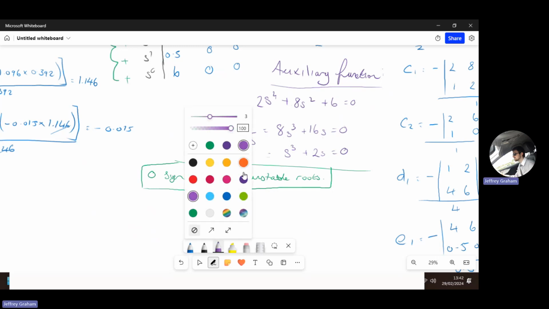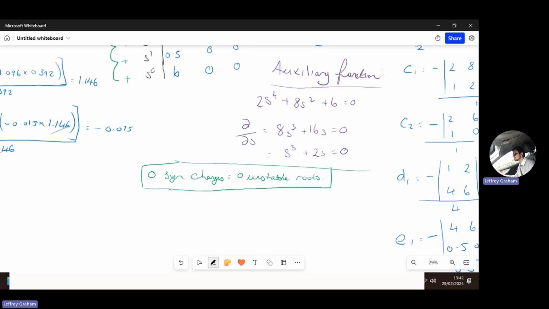Do this in the correct color because we've done it in purple. Right. Because we had to go back and produce an auxiliary function that indicates something not quite as it seems.